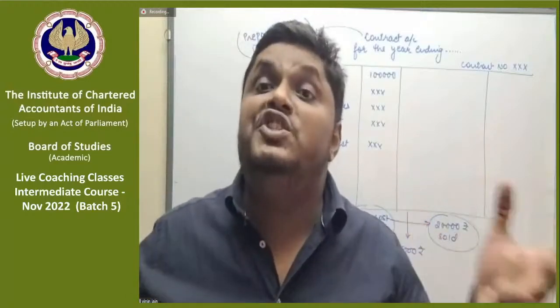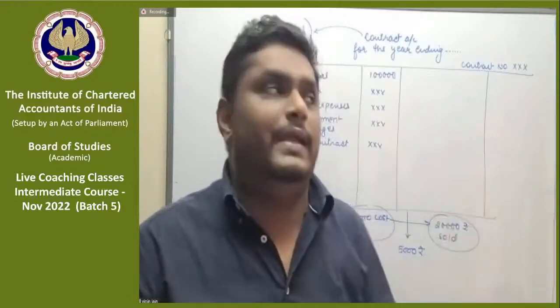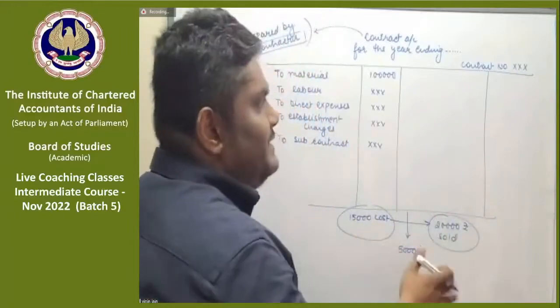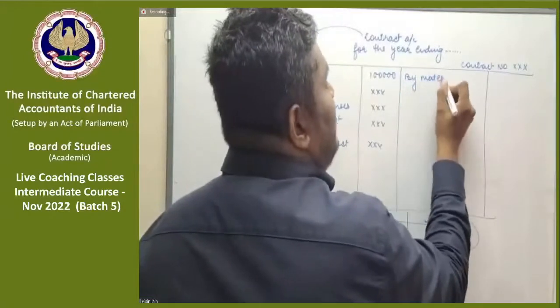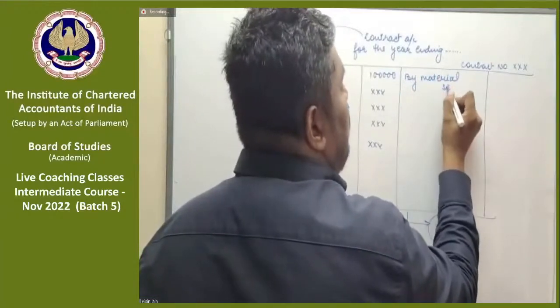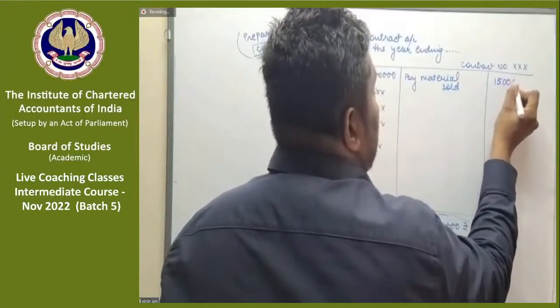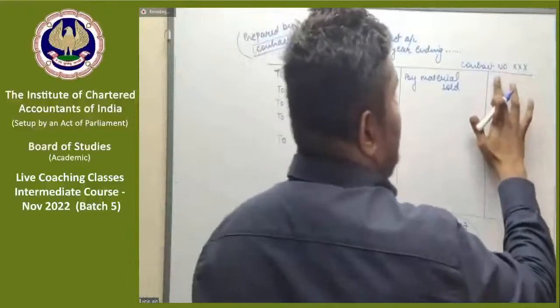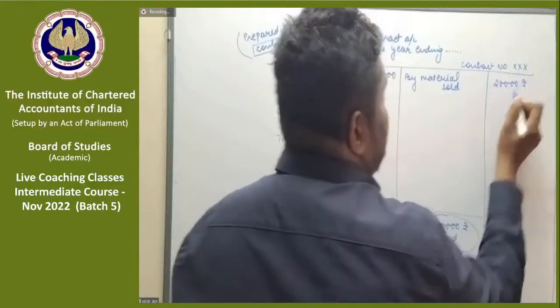No, it is my general profit. So this profit won't form part of this contract account. So how to record the same? Very simple. By material sold, 20,000. It has been sold for 20,000. So we will record 20,000 rupees.